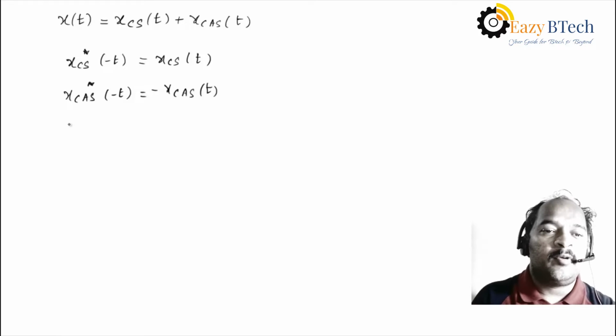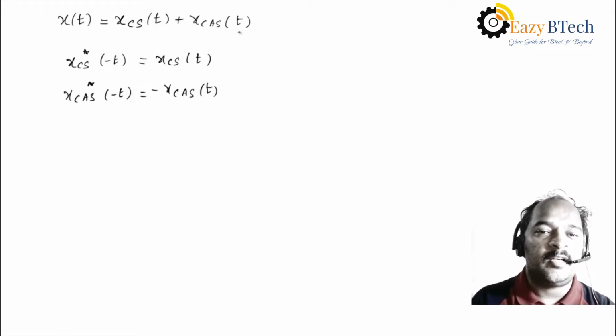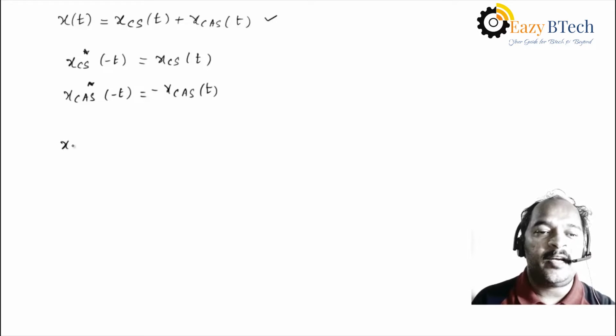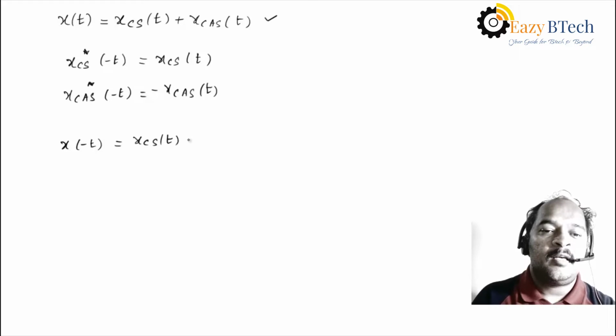Now in this equation we replace t with minus t. So x of minus t would be equal to xcs of minus t plus xcas of minus t.